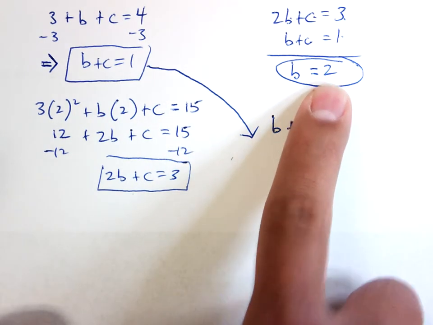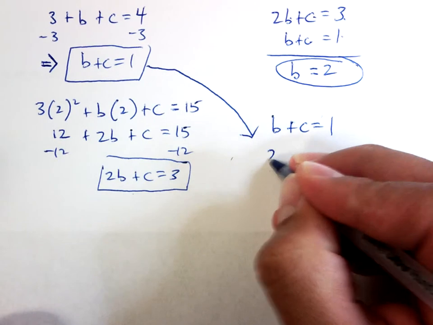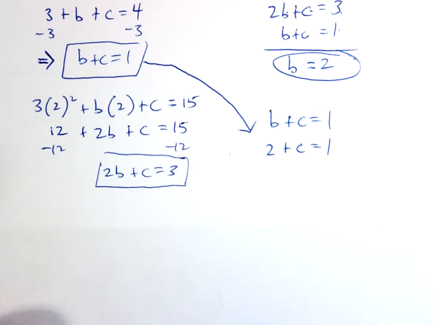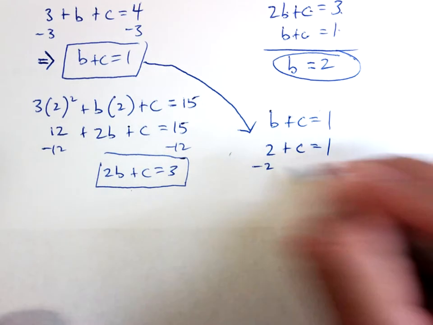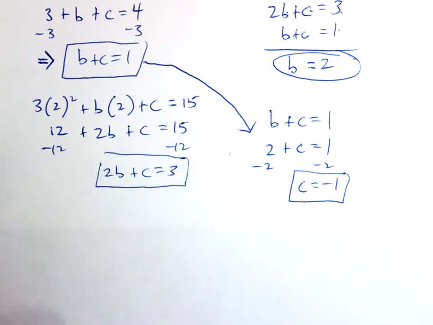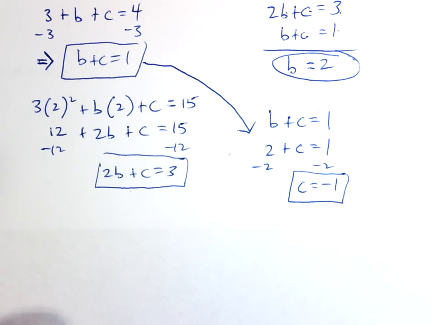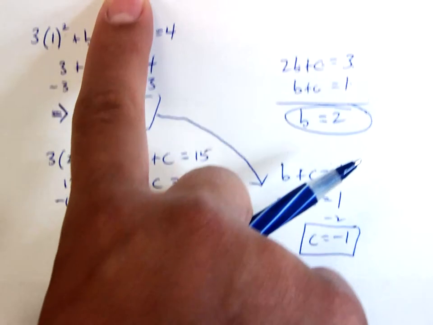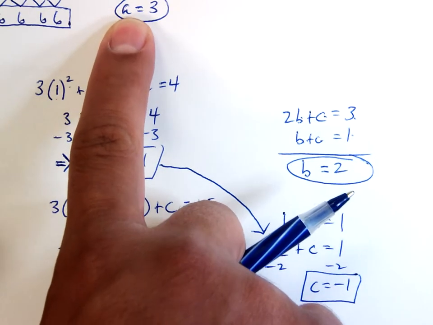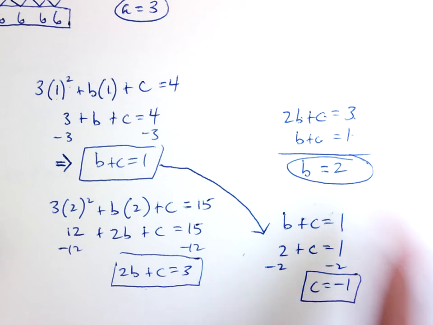So I can put 2 in for b, and so I'll have 2 plus c equals 1. Subtract 2 from both sides and you get c is equal to negative 1. Okay, so I have all three letters. I got my a all the way back up here. Remember, that's the easy one. There's a, there's b, and there's c.